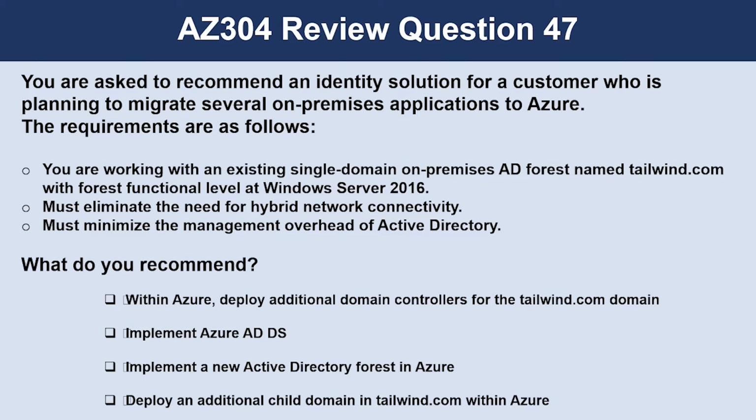You must eliminate the need for hybrid network connectivity and must minimize the management overhead of Active Directory. What do you recommend? The correct answer is implement Azure ADDS, which is Azure Active Directory Domain Services. This scenario is a managed Azure ADDS deployment in Azure, which does not require hybrid network connectivity.